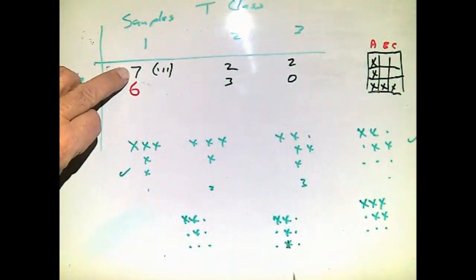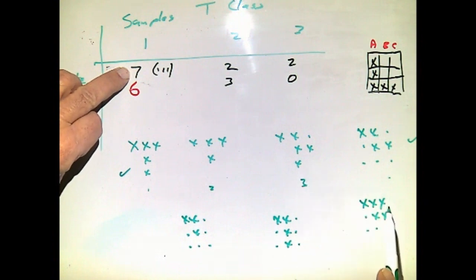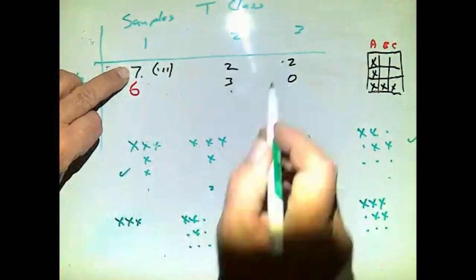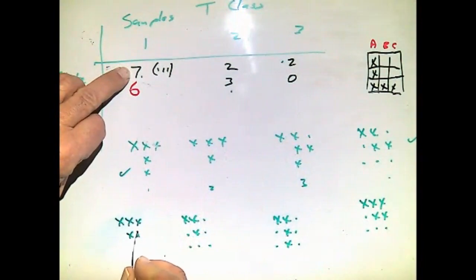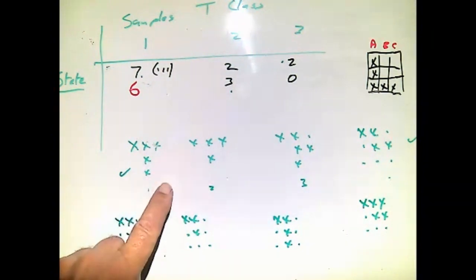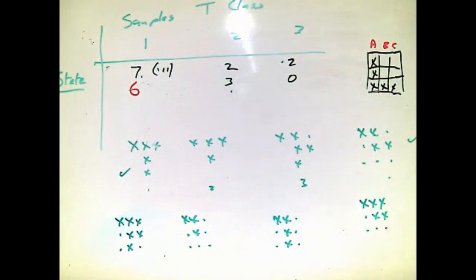Have we got 732? That's 730. I want 732. And 632. That's a training pattern. I think that's the lot.